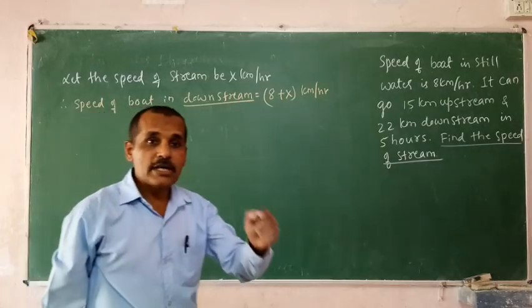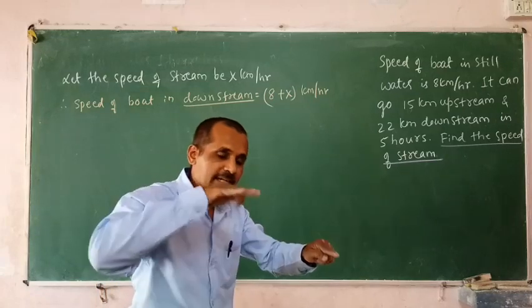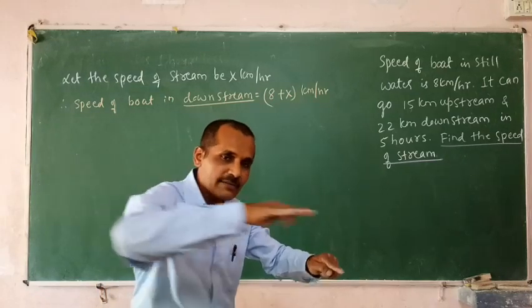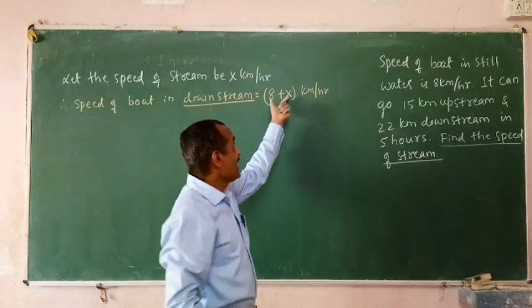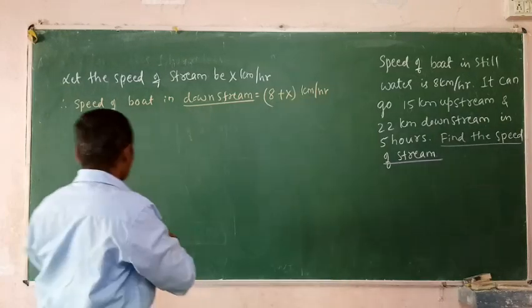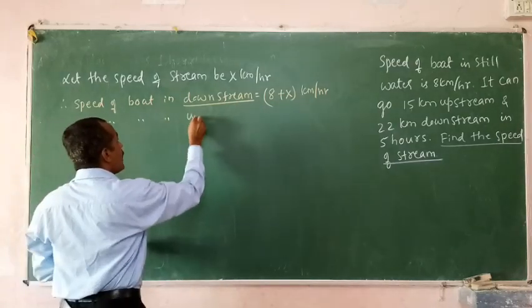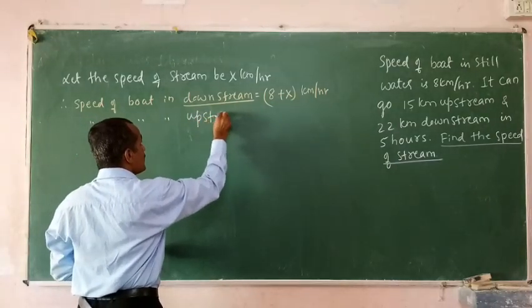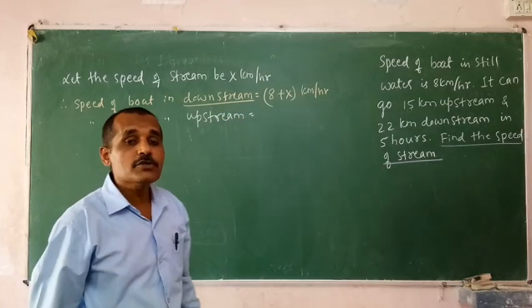Downstream means both are in the same direction. The boat is going with 8 km, water is also moving in the same direction, so the resultant speed will be 8 plus x km per hour. Speed of the boat in upstream: the boat and water are in opposite directions.